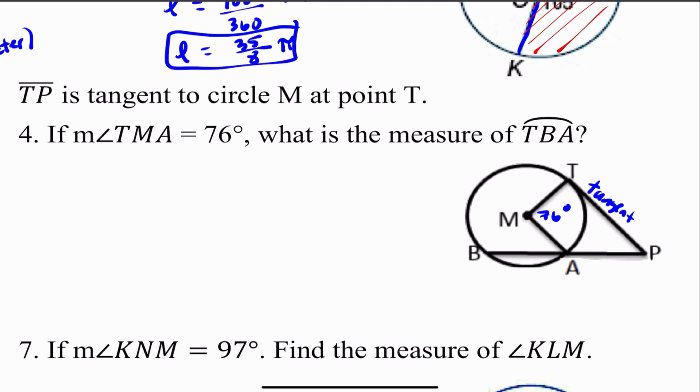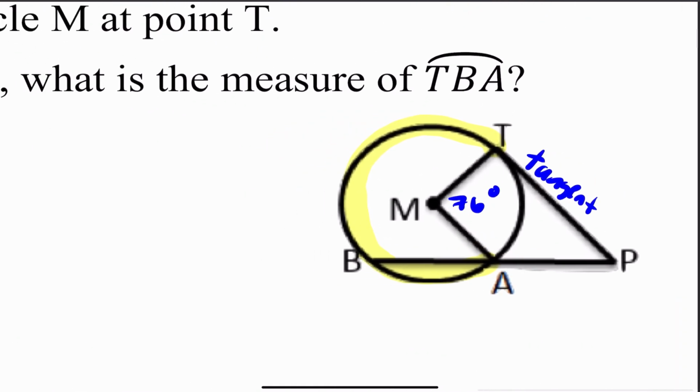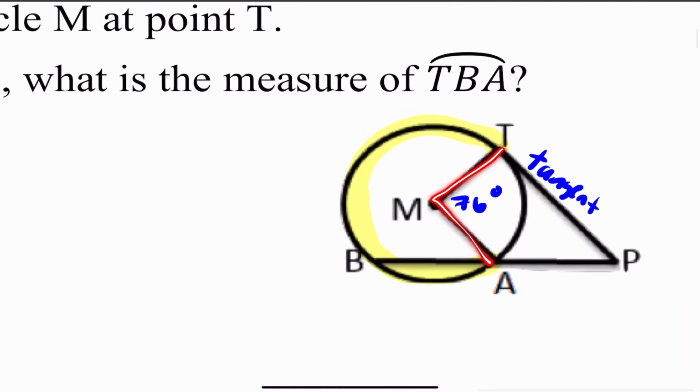And it's asking us to figure out what the measure of the major arc TBA is. Well, you really need to know your definitions, theorems, all of that in order to answer this question. Because look, you have the measure angle TMA.